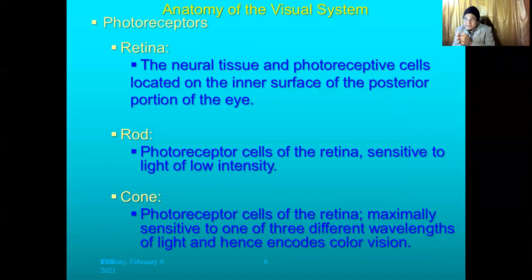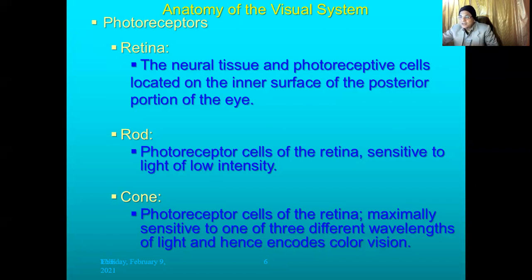Basically, this cell is a transducer, a device which transfers electromagnetic wave into electrochemical potential. That means it generates the potential. Potential means action potential, that is sodium and potassium ions, electrical charges, which flow from the eye to the brain. That is in the form of a signal.